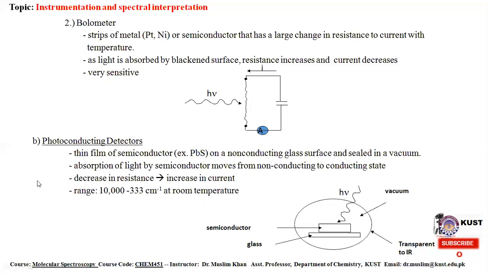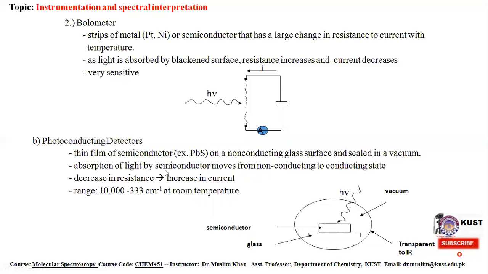The next one is photoconducting detectors. A thin film of semiconductor, lead sulfide for example, on a non-conducting glass surface. This is a non-conductive glass surface, and this is a thin film of semiconductor like lead sulfide, and this is sealed in a vacuum.